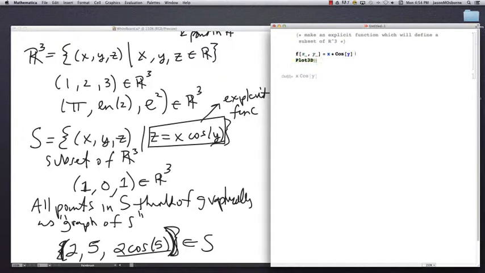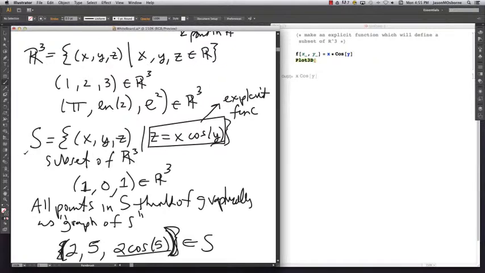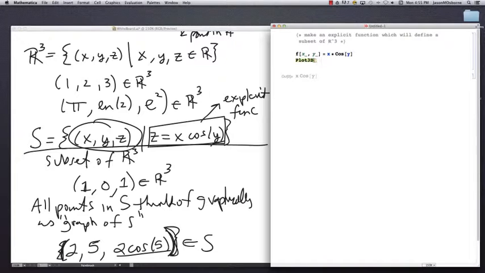3D. We are plotting 3D because this function x cosine of y is going to make a subset of R3. Okay, so I'm going to do a Plot3D, and you say plot the function f of x and y, and you plot it from x equals -1 to 1, and y goes from -1 to 1.